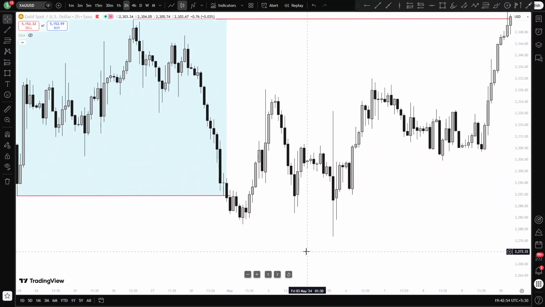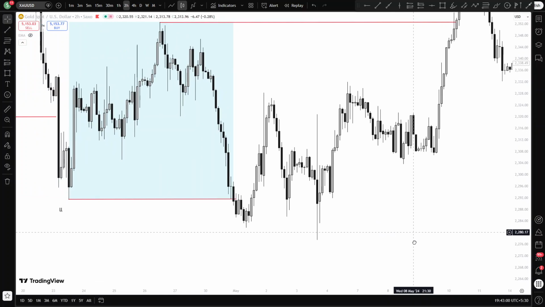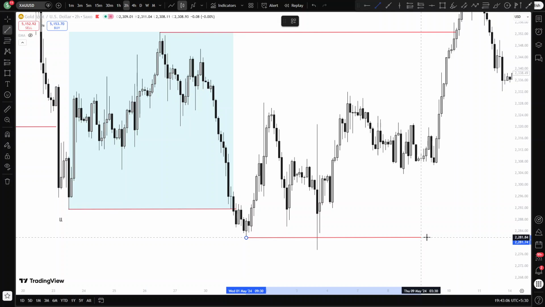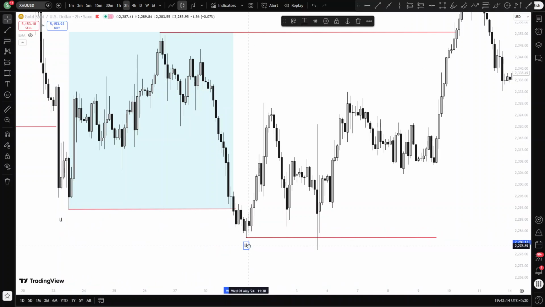Okay, so after this breakout, what did we have? We had a pullback. From this pullback, we have this point which was marked as our lower low.